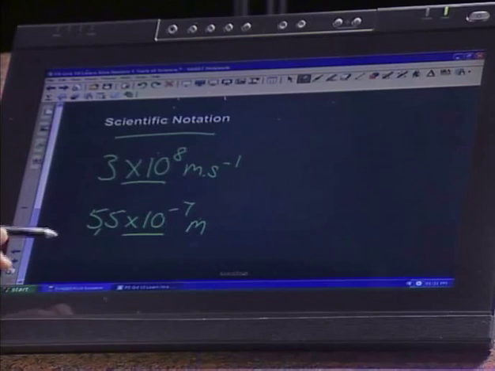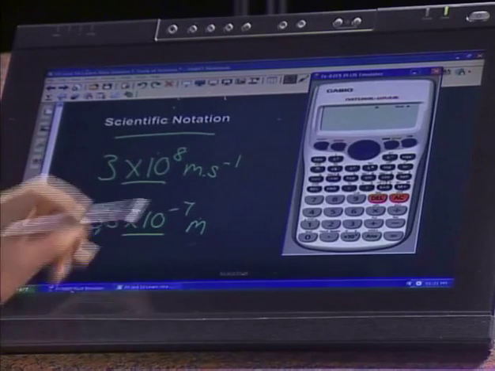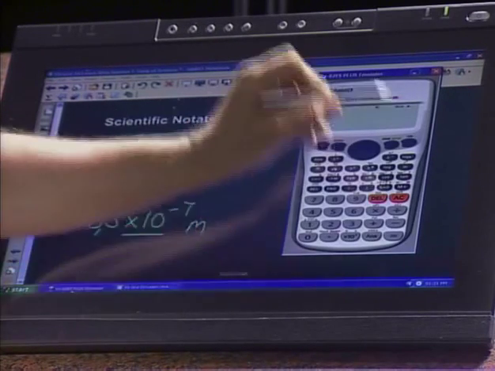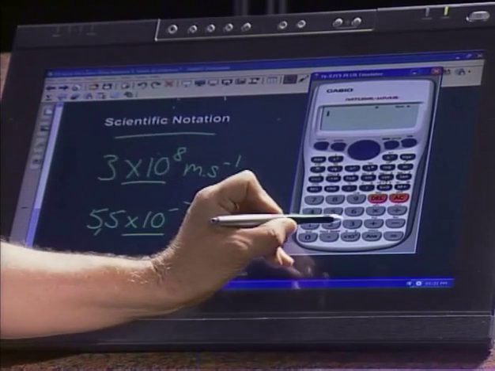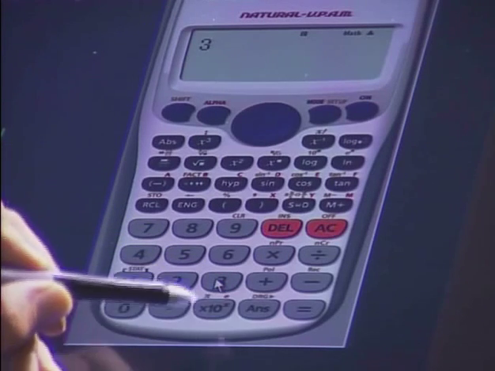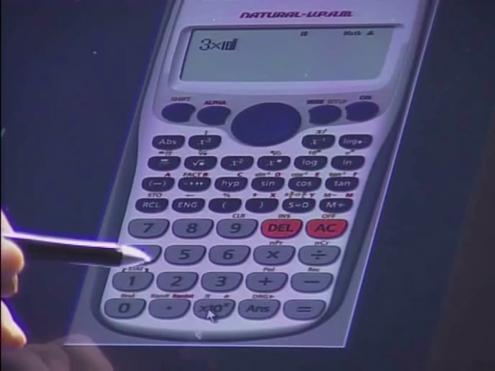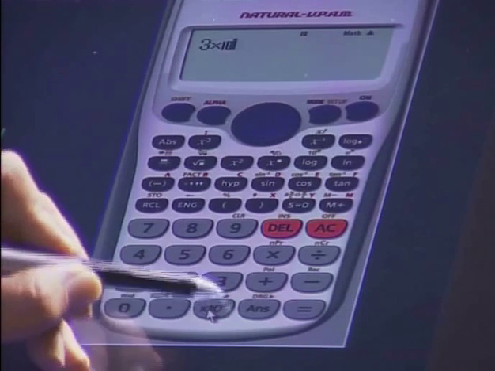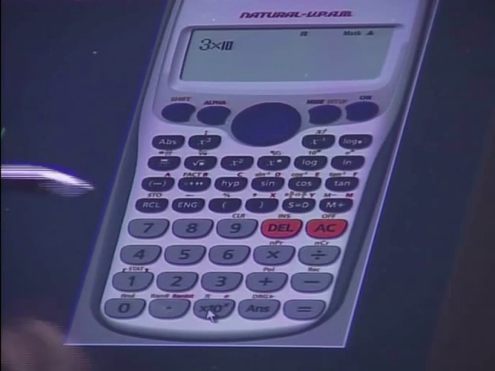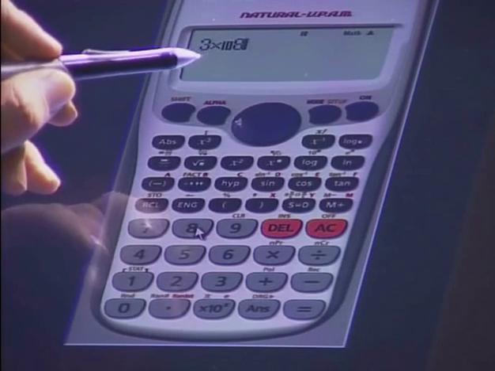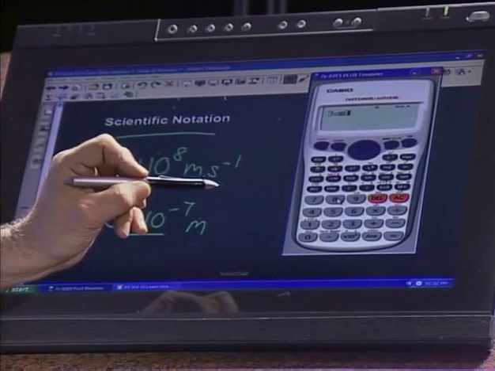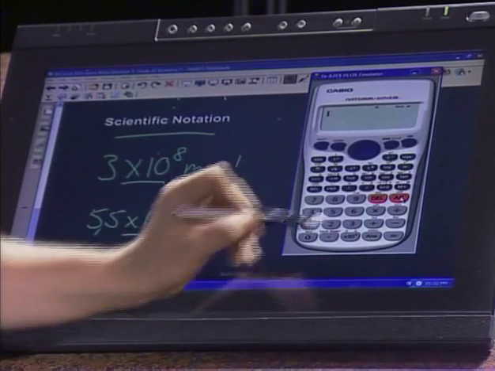So that's why we put an exponent in there. Now, the calculator helps us do that. You must make sure that when you use your calculator, you're very familiar with it. We write 3 times 10 to the power, using the exponent button. Now we want to write the 8 in, and we put the 8 over there. That's 3 times 10 to the 8, the speed of light. Now, what about doing it for a smaller value?